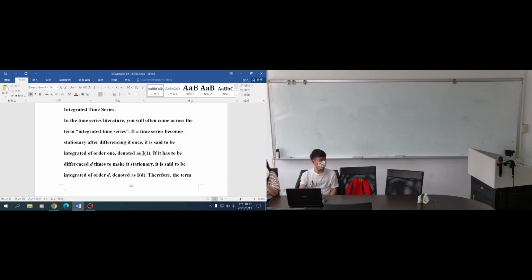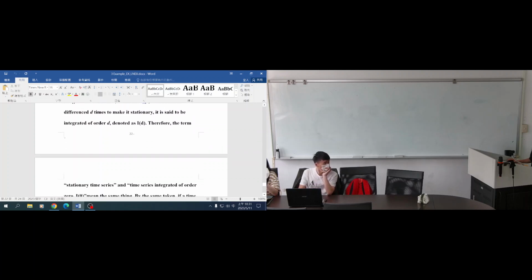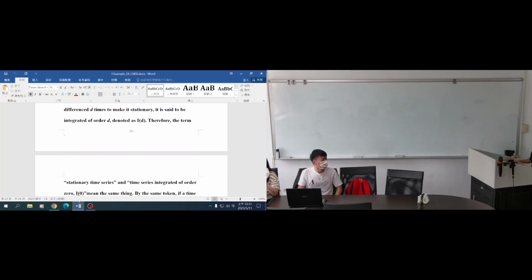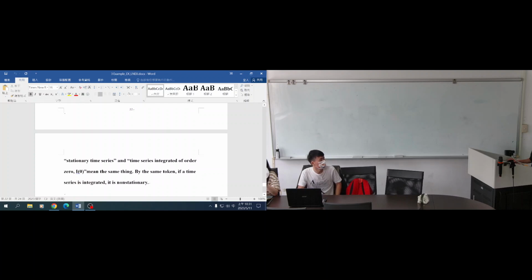Okay, this is the universal definition in time series literature. Therefore, a stationary time series is a time series integrated of order 0.